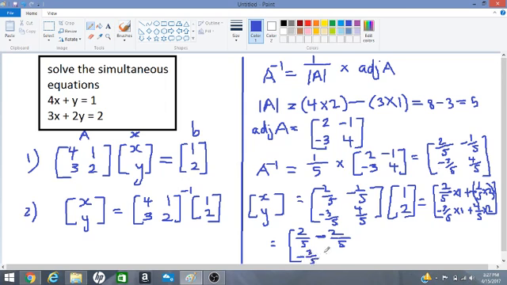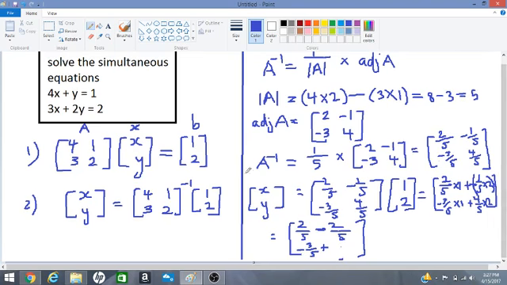And then we have to add that to 4/5 times 2. 2 4s are 8. We get 8 over 5. So 8 over 5. Good.